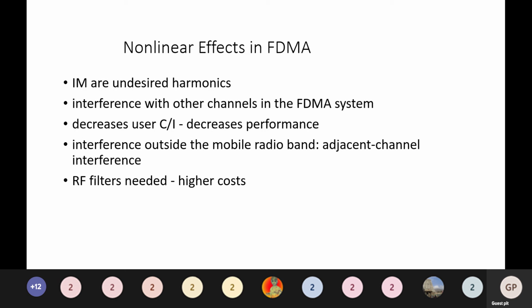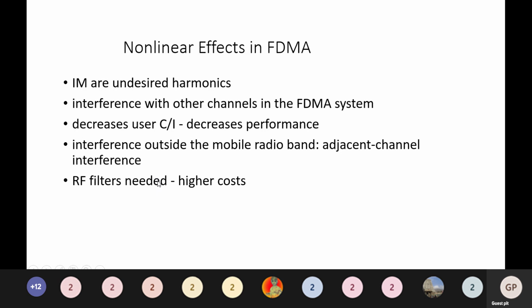Likewise, co-channel interference comes from cells which use the same frequencies in nearby cells, which are called co-channel cells. RF filters are required, which means higher costs.